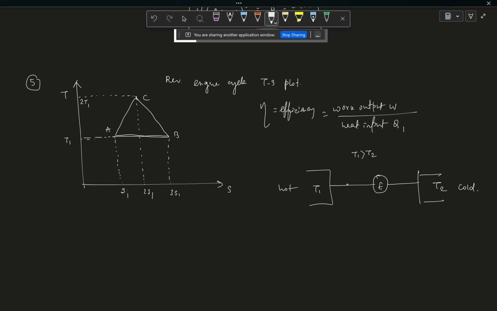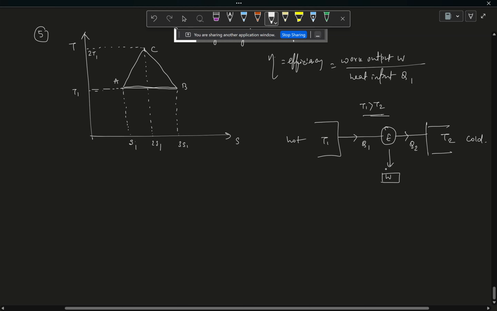It will be absorbing Q1 amount of heat from the source, the hot end at T1, and that heat will be partially converted into work done, W, the work output from the engine, and the remaining amount of heat, Q2, will be dumped into the cold body. This is the working principle for a reversible engine or Carnot engine.